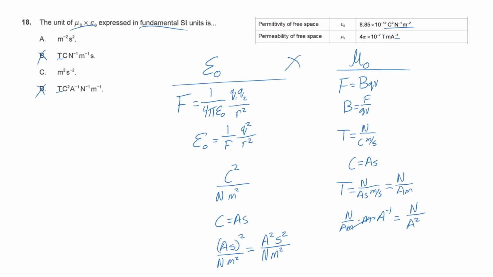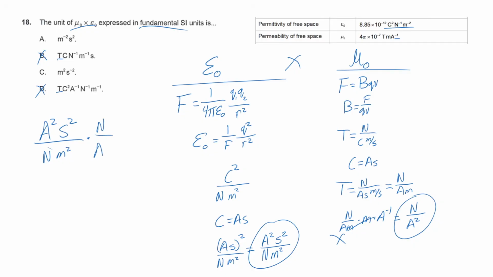And the question is asking for the unit expressed in fundamental SI units when we multiply these two. So all we have to do is multiply the units. So at this point, we have these two units. So let's multiply them. Let me just rewrite this here. So we have A squared times s squared divided by N times m squared, and then that is being multiplied by N divided by A squared.